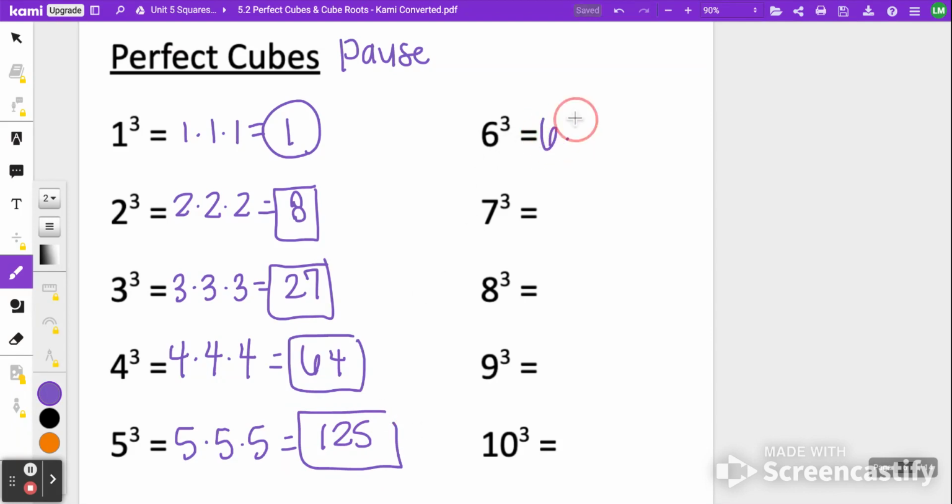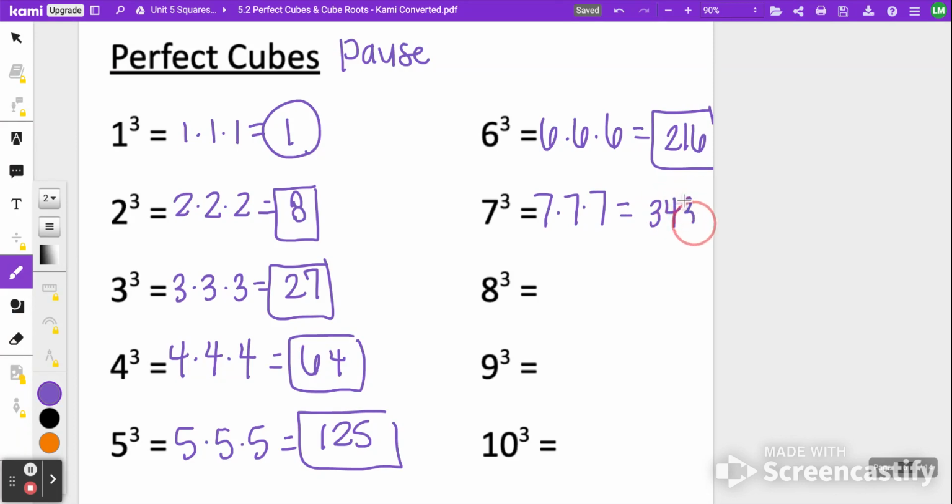6 cubed, 6 times 6 times 6. So that's 36 times 6, which is 216. 7 cubed is 7 times 7 times 7, or 49 times 7. You get 343. 8 cubed is 8 times 8 times 8, or 64 times 8.